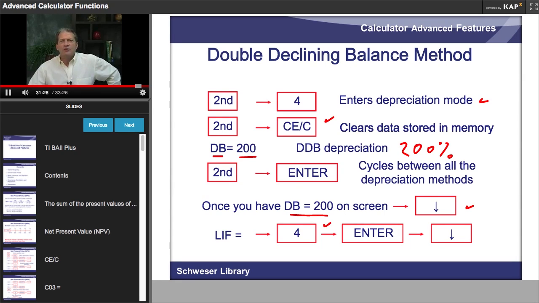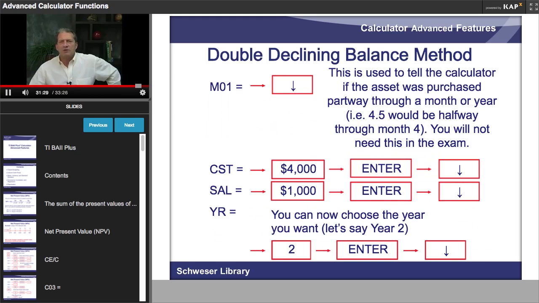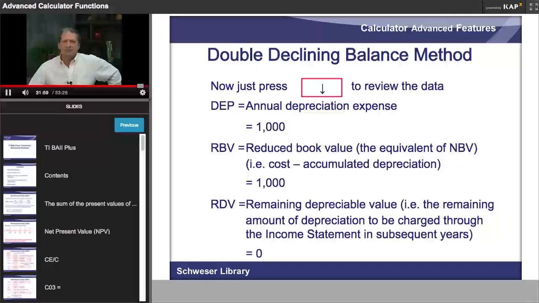Our life is 4 years, so enter that and scroll down. And then MO1, you won't need this one because we're not going to do part way through the month. We'll put our cost in as $4,000, our salvage value is estimated at $1,000, so enter both of those. And then we're going to choose the year we want and say, well, what's second year depreciation? So 2, enter, scroll down.